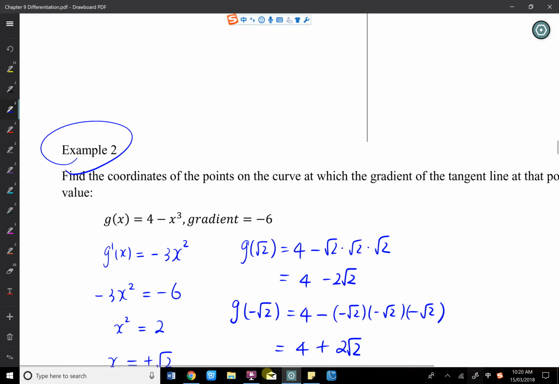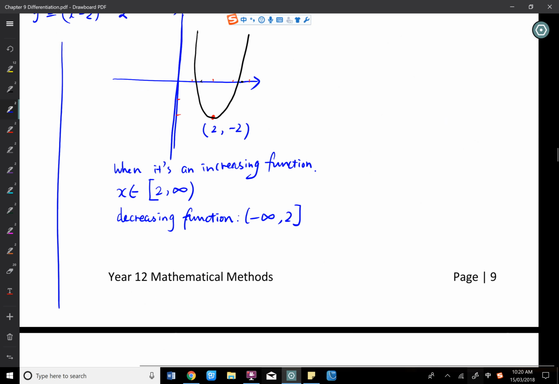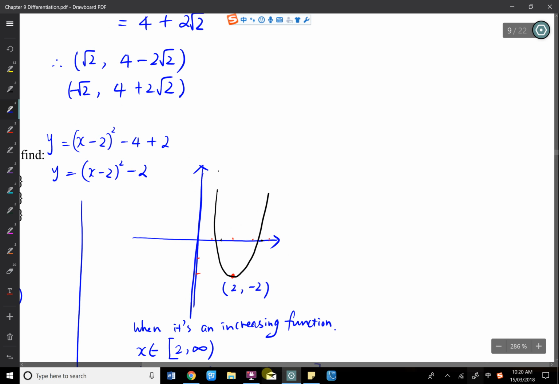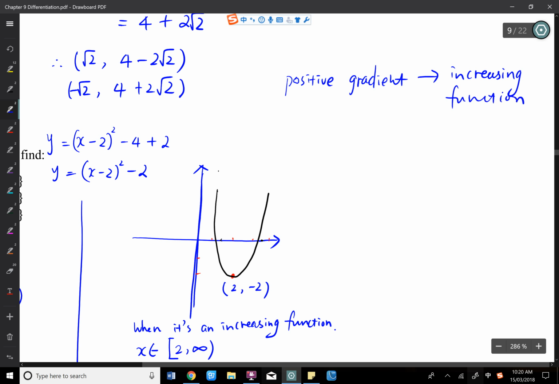So a positive gradient must give you an increasing function. So those x's must be an increasing function as well.